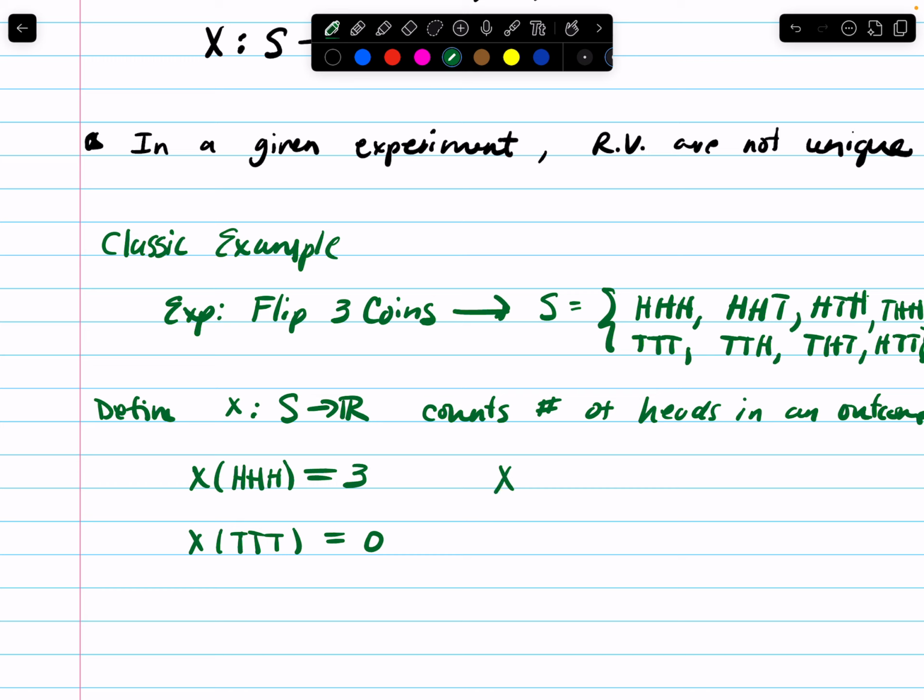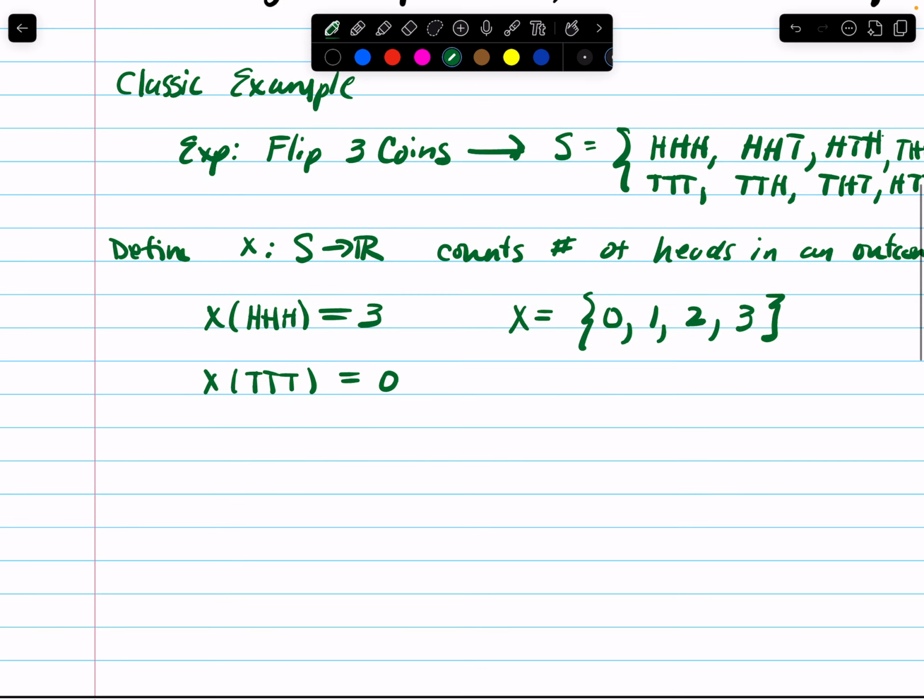And so we quickly see that X can take on the value 0, 1, if there's exactly 1 head, 2, if there are 2 heads, and 3. So we often represent our random variable by its outputs. So it's a little different than how we might think of function notation in previous courses.